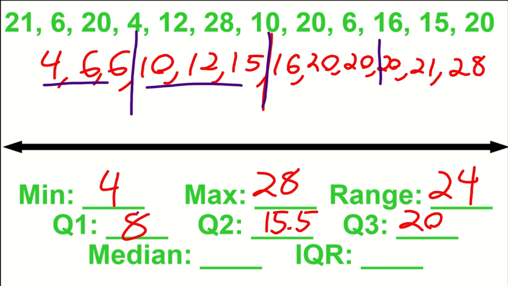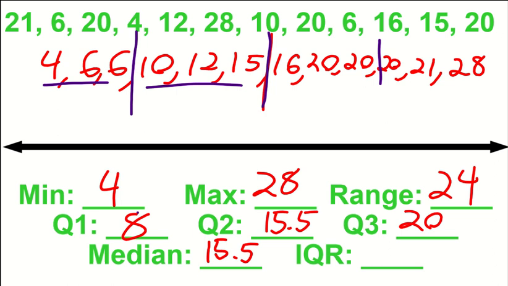All right, now what's my median? 15.5. Median and Q2 are the same thing. And my interquartile range. No? No? Levi? 12.